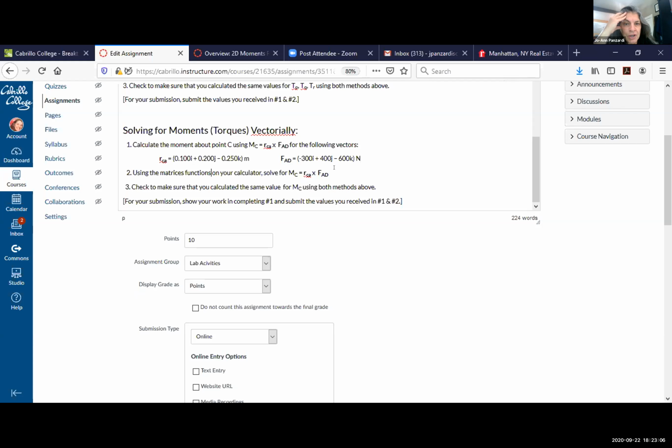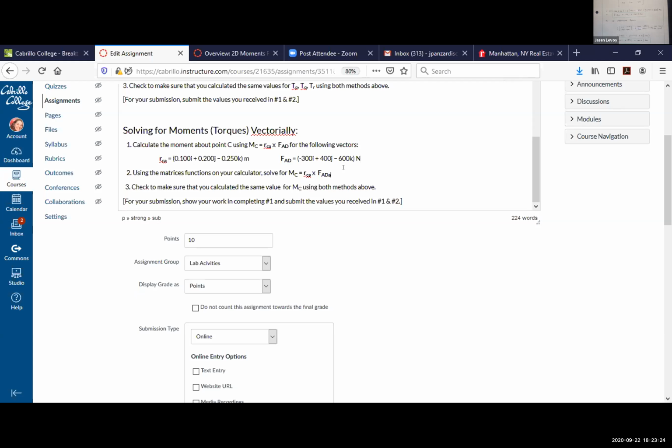When you go into the determinant function on your calculator, does it prompt you for the radius and for the vectors? I don't think it does. No, but what I'm saying is that we need to use the determinant feature to get these values.